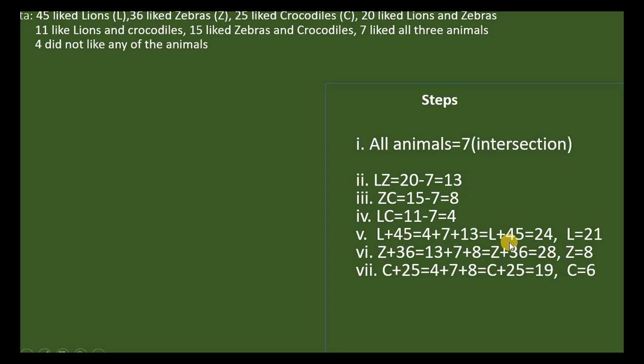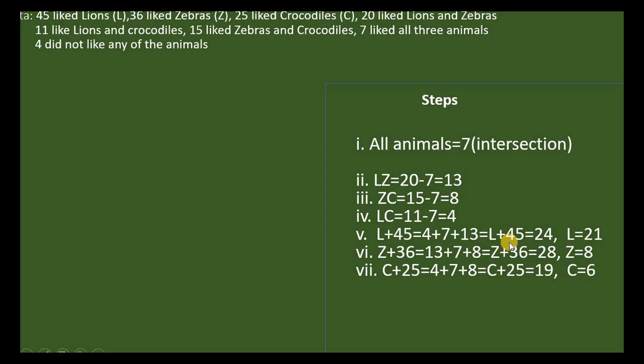Also, for us to find those who watched lions only, we add all those who watched lions and crocodiles only, those who watched all the 3 types, and those who watched zebras and lions only. When we add them, we find 24.